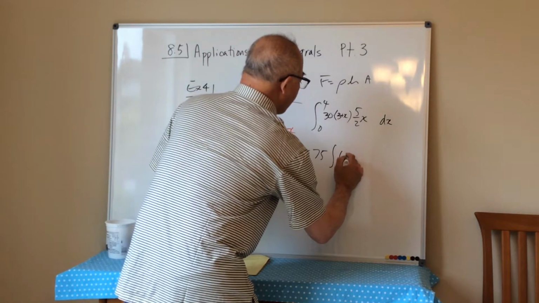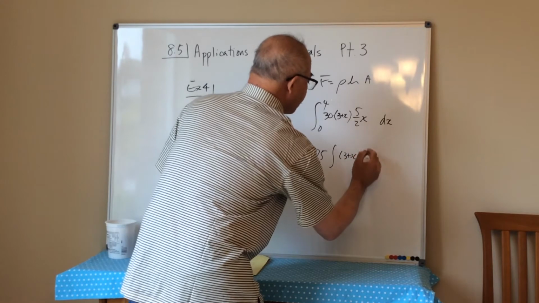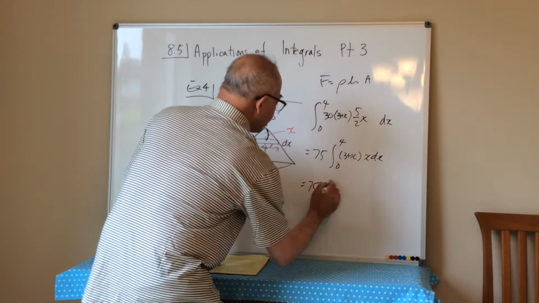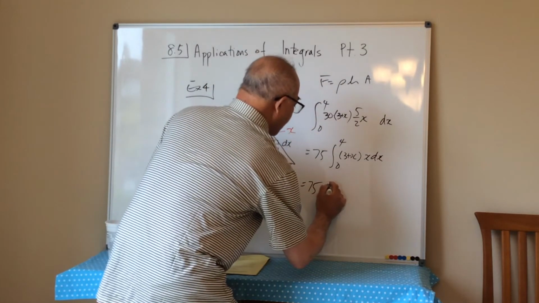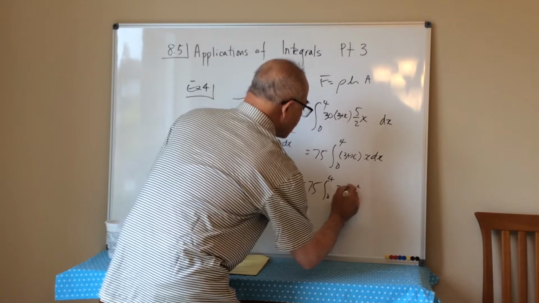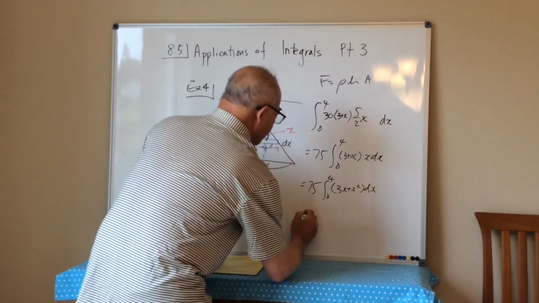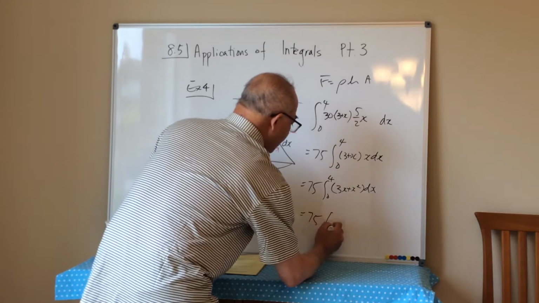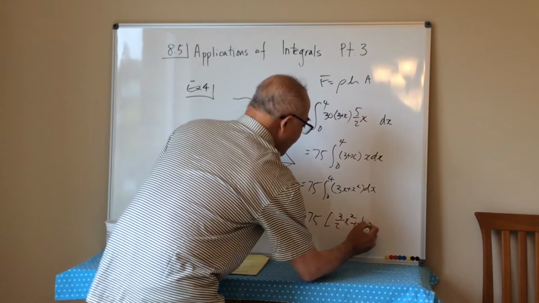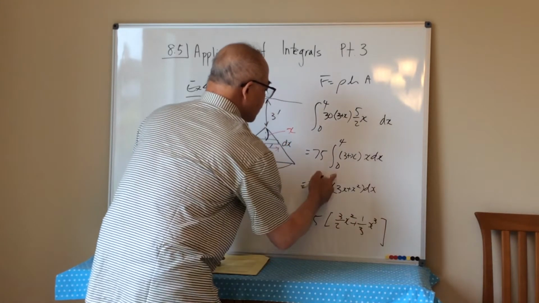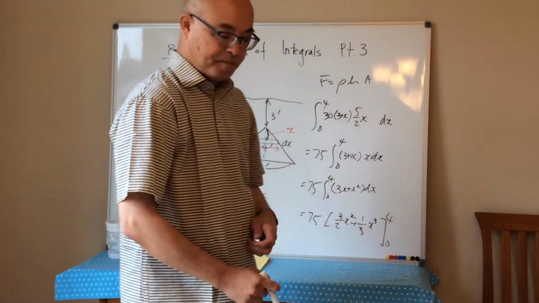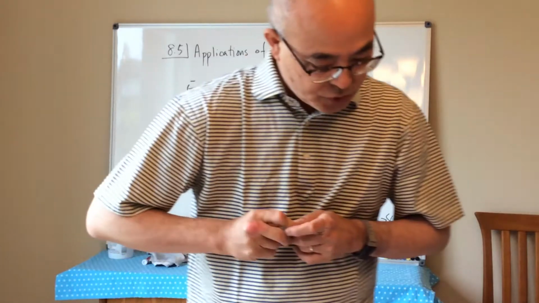And I'm going to have 3 plus x, and I have this dx from 0 to 4. 75 times 3x plus x squared over 2, or 1/3 x cubed, evaluated from 0 to 4. Right? You just go ahead and plug and chug that. Okay, so that's how you would do that one.